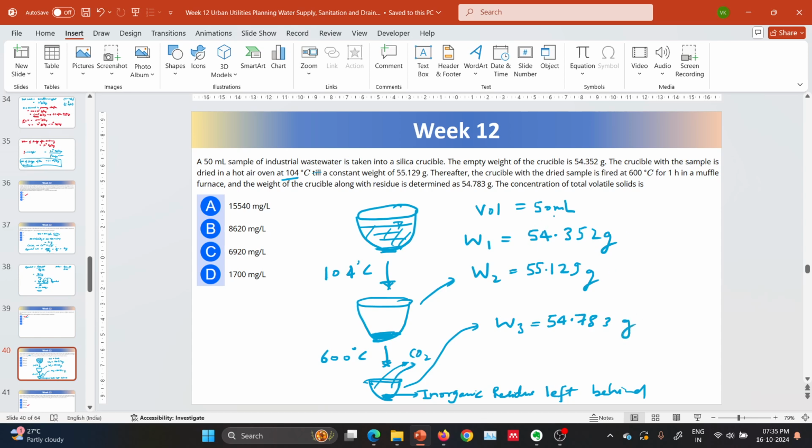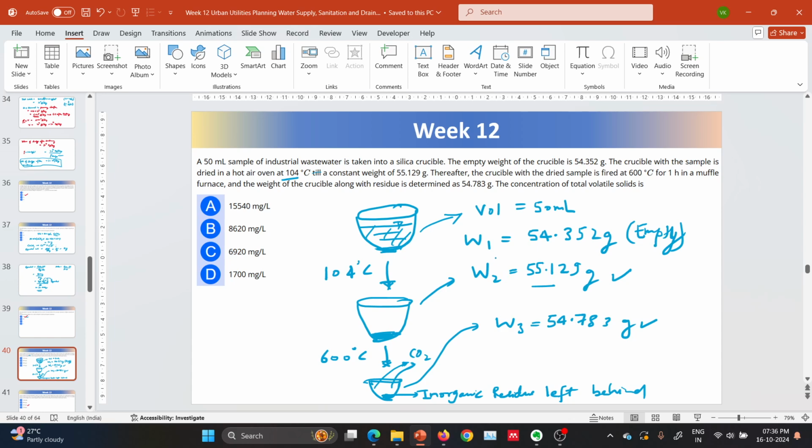So understand, volume taken as 50 ml in this crucible, and then the empty crucible without any water sample, this much is the weight. With water sample heated at 104 degrees Celsius, this much. At 600 degrees Celsius it is fired. So this much is the residue, W3.